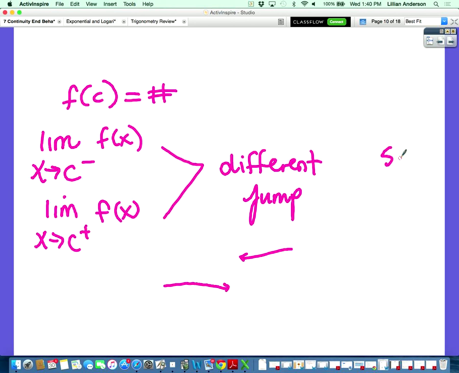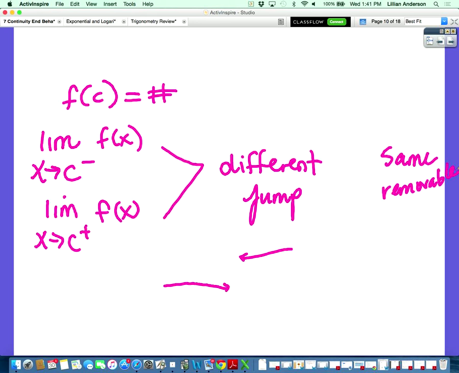If they're the same, but different from the very first number, what type of discontinuity do you have? Removable. Okay? So with piecewise functions, you could have two different types. You could have jump discontinuity and removable discontinuity.